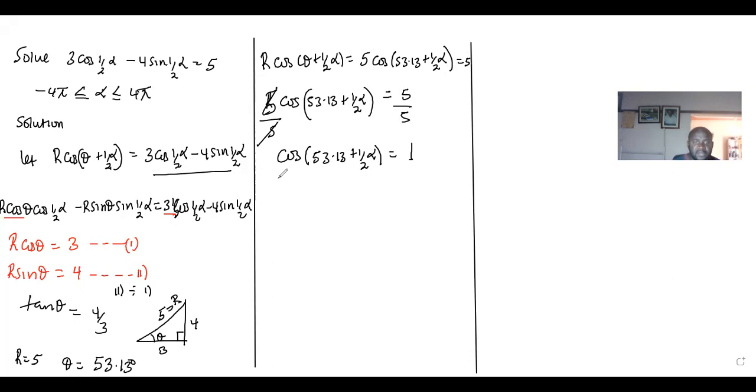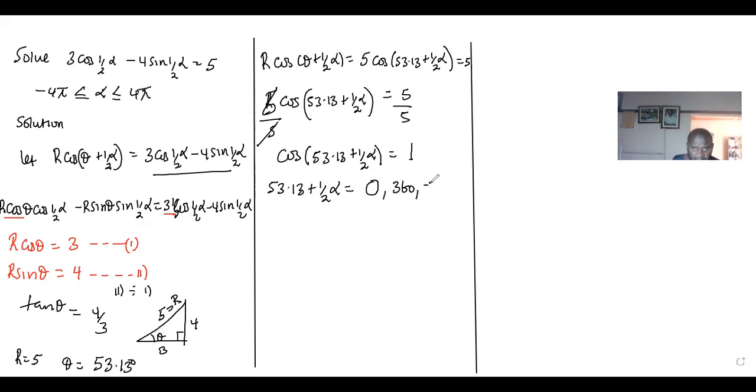With this, you can see that 53.13 plus a half alpha is equal to cos inverse of 1, which is what? 0. Other angles, 360.